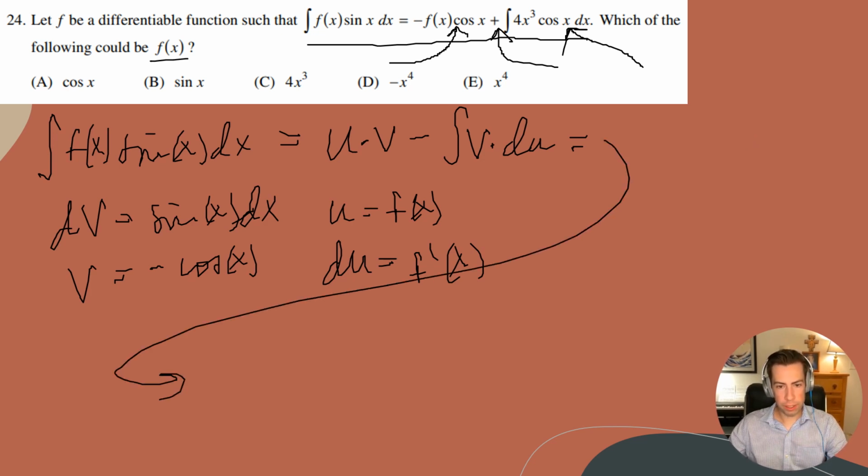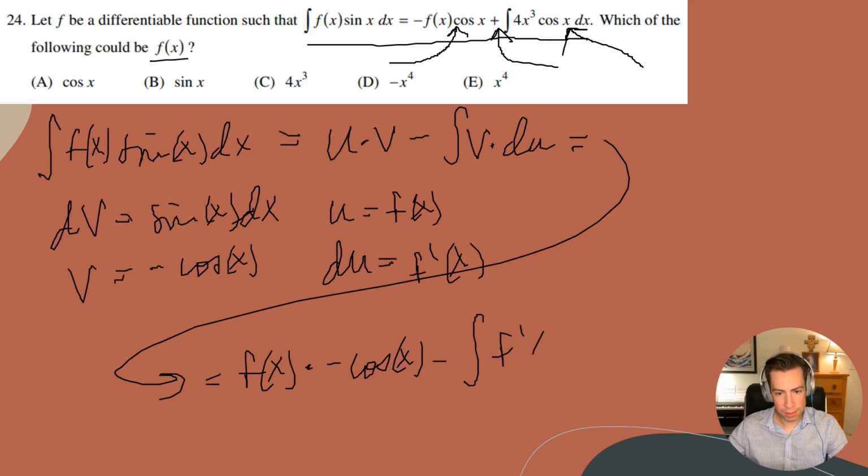So if I bring it down here, I will then see that we have f of x multiplied by negative cosine of x minus the integral of f prime of x, and then times negative cosine x, and then we will have our dx here. I'm sorry, I forgot to include this dx.